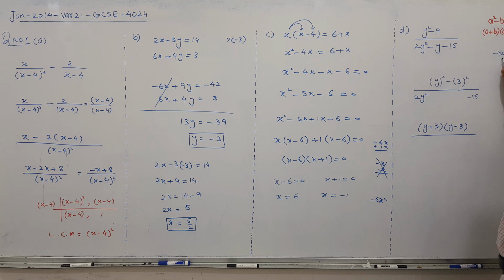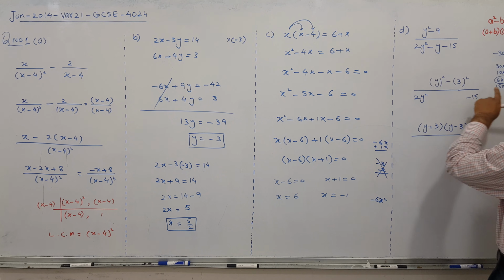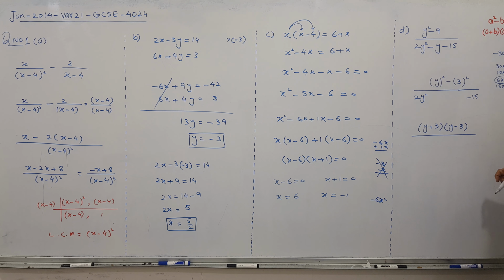Many factors are there, like 30 ones are 30, 10 threes are 30, 6 fives are 30, and 15 twos are 30. Many ways are there, but this is suitable. The reason is that if I subtract 6 and 5, I get 1, so it matches. Because I need minus 1, the bigger number is negative, the smaller number positive.